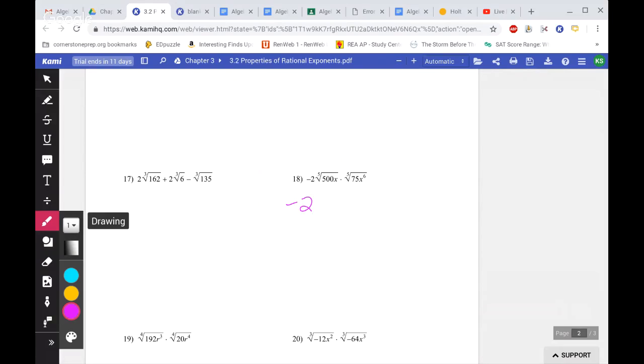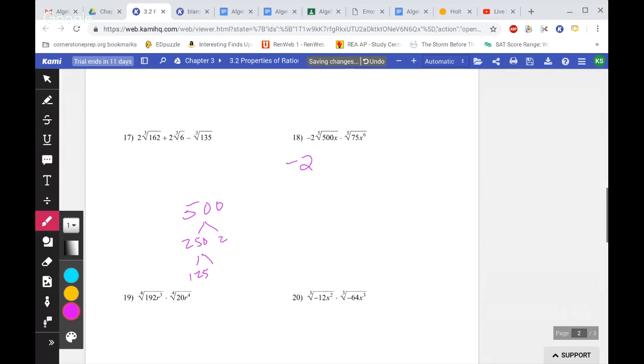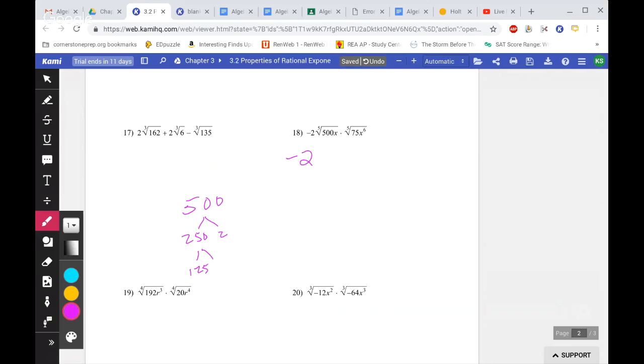This is how I would do it anyway. And I think Miss Wynn does a lot of factoring too, if I'm not mistaken. Because you want to look for sets of 5. I think I factored that right.